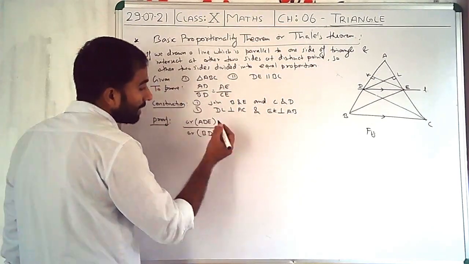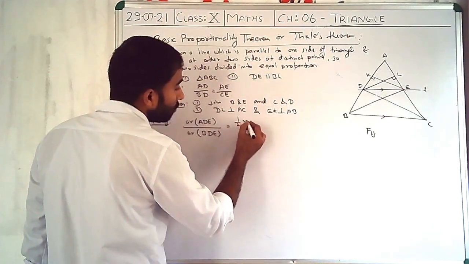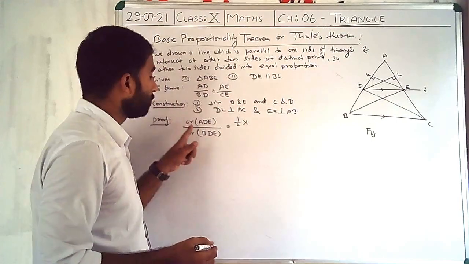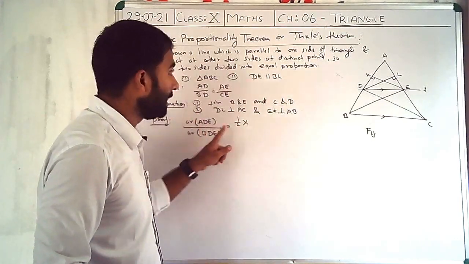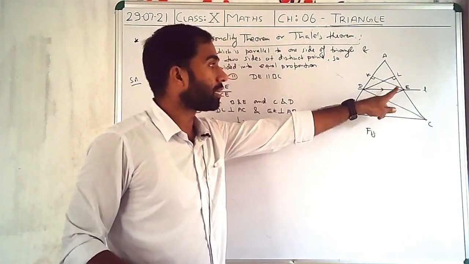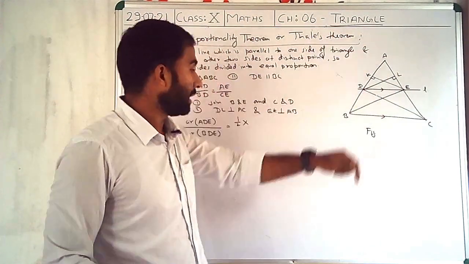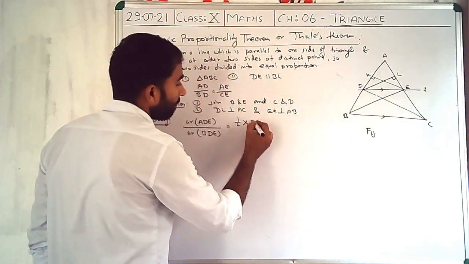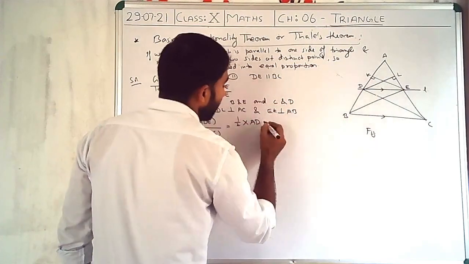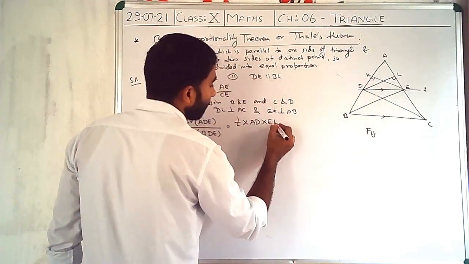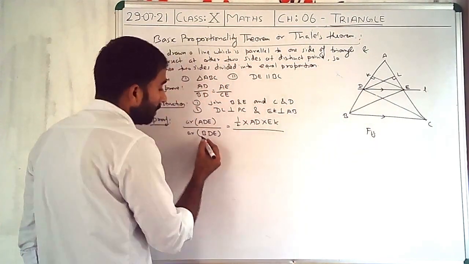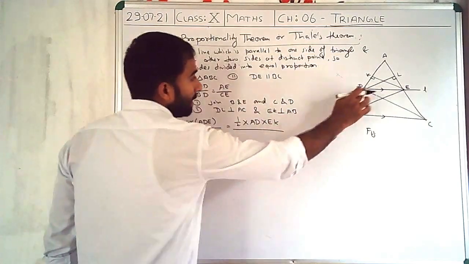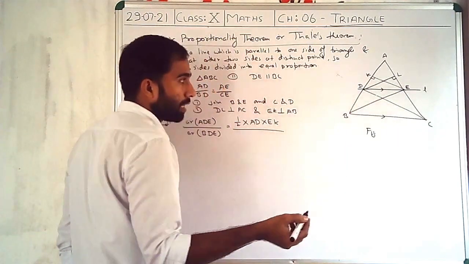So what is the area of a triangle? Half into base into height. Where is the base? If you observe the triangle ADE, and we are taking AD as the base, so definitely the height will be EK. Okay. When you observe BDE, BDE is an obtuse angle triangle.